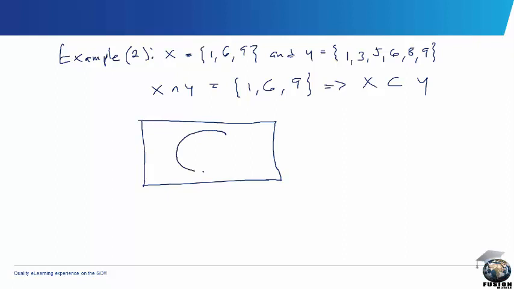You have this oval shape, and then you have another shape inside the circle since it's a proper subset, and then you have 1, 6 and 9, and then you have elements that are not in set X but are in set Y. Set X, set Y, and those elements include 3, 5 and 8. This is still my universal set.